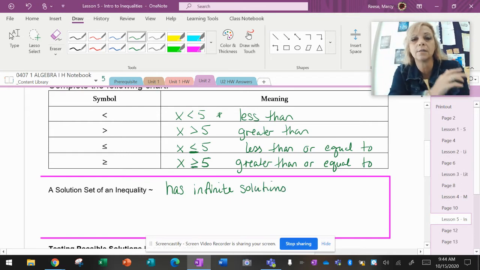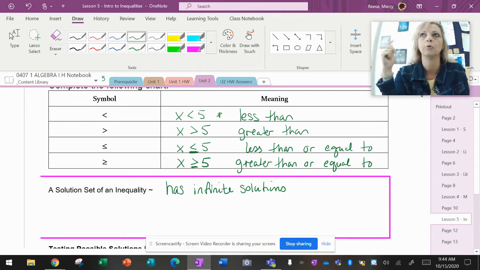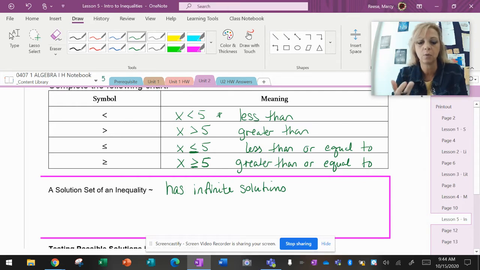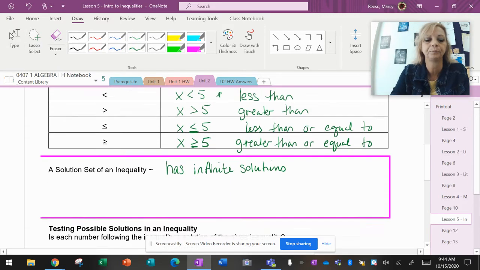If I say x is less than 5, couldn't it be 4.9 or 4.99999? It can be any of those. So we have infinite solutions when we do solution sets. Unlike equations, where typically the ones that we saw before, we have either one solution, no solution, or sometimes all real numbers, which is again that infinite solution set.